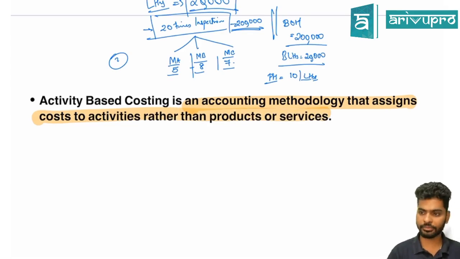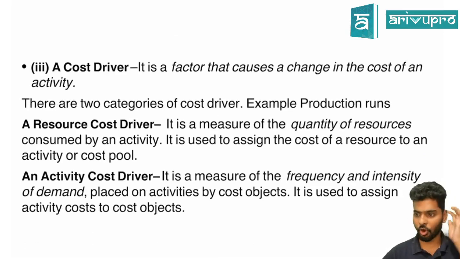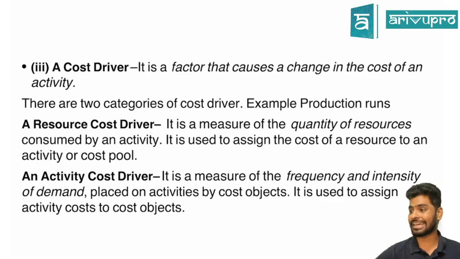Can we go next? Now, what is a cost driver? Like I told you, from this particular example, what was my cost driver here? My cost driver was the number of times the inspection was done.